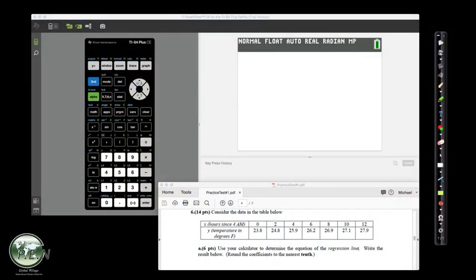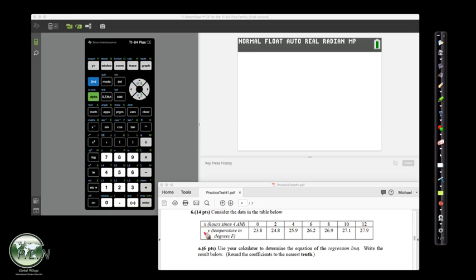So here we have a problem from our practice test, and we're asked to consider this data below. We are given hours since 4 a.m., so 0 would be 4 a.m., 6 a.m., and so forth, but hours since is 0, 2, 4, 6, 8, so forth.